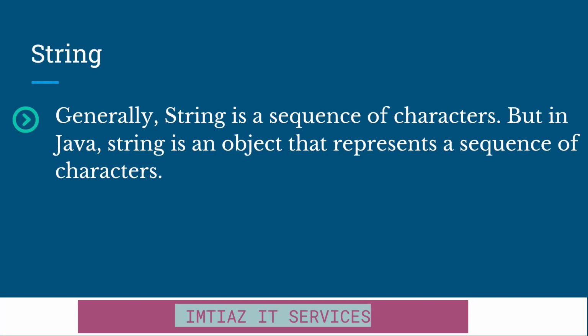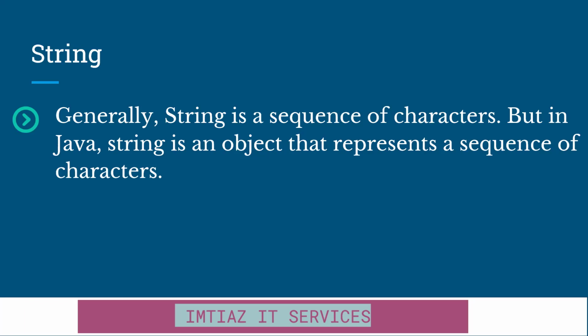When I say a string is an object, it means the String is a class for which we create an object, which represents a sequence of characters. Point is clear now.